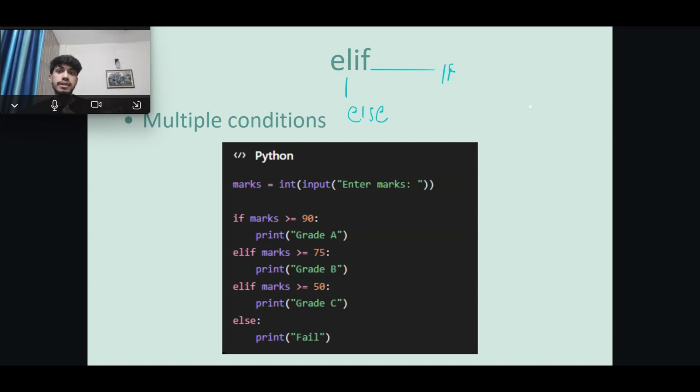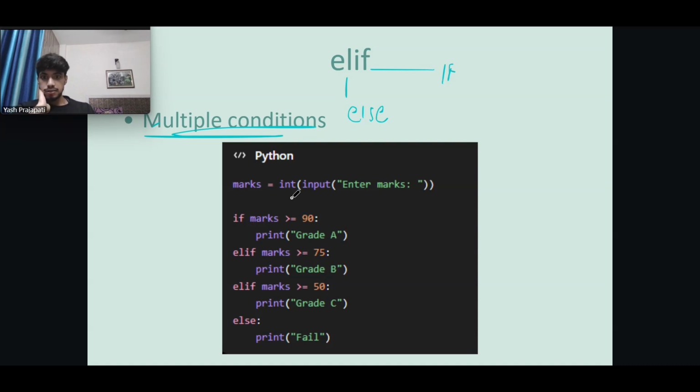But what if there are multiple conditions? What about when there are multiple conditions? So we use elif. It is also a keyword like else and if, but if there are multiple conditions like this question, we will use else if.